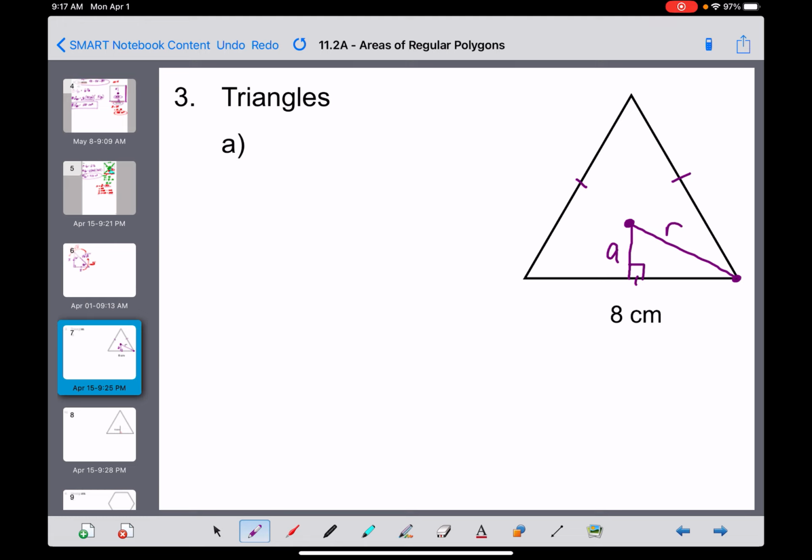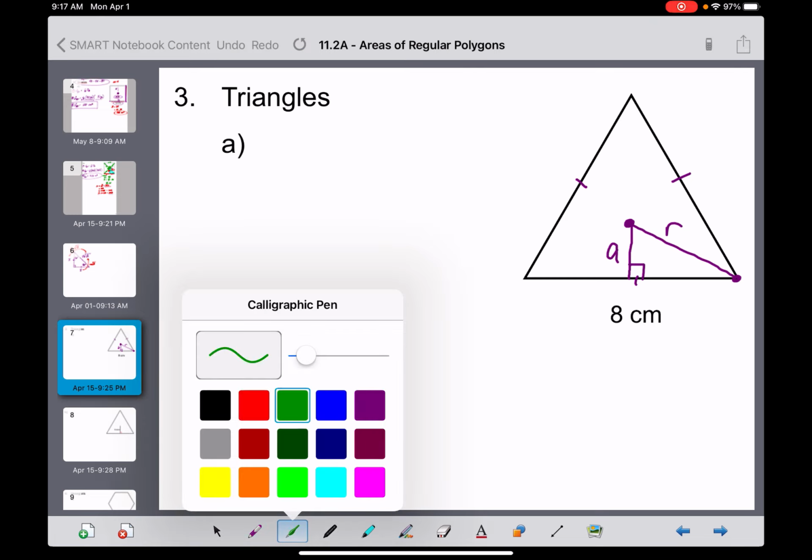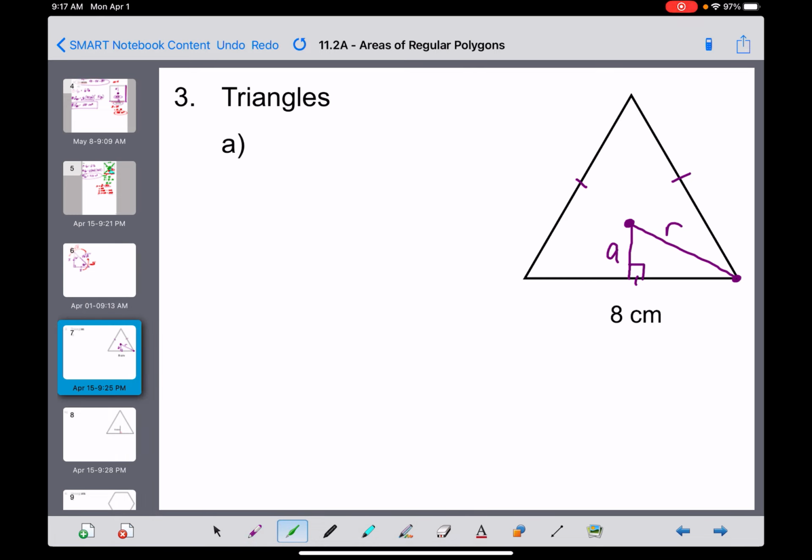So we just formed a right triangle here, and the question we should probably ask, what kind of triangle did we form? So let's do the same thing we've done a couple of times already. You find a central angle by taking 360 divided by n. Well, this should be obvious. In a triangle, n is 3. So 360 divided by 3 is going to get you 120 degrees for the measure of a central angle.